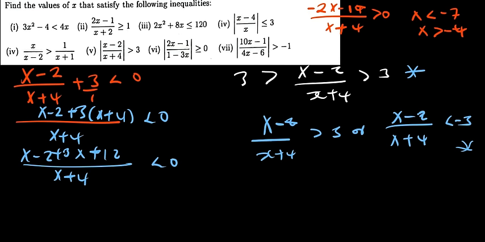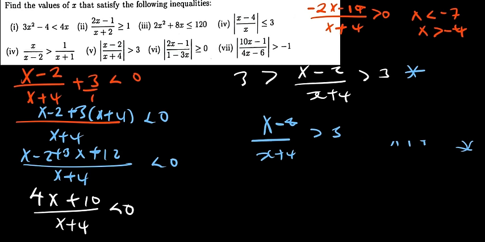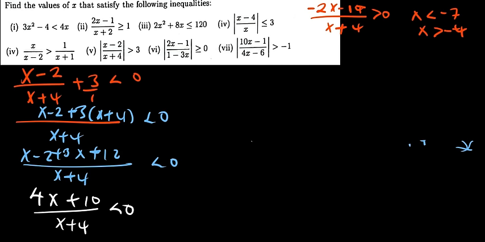What's next? Here I can clearly see that x and 3x are going to give me 4x, plus negative 2 plus 12 is 10, divided by x plus 4 less than 0. Perfect. The next thing I'm going to do, I can get rid of this now because I no longer need that part.